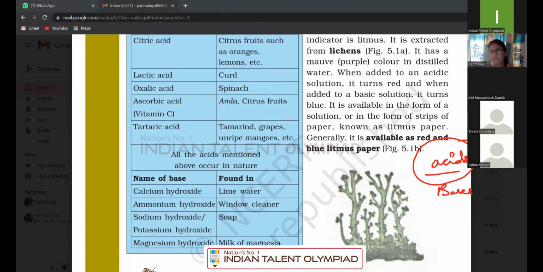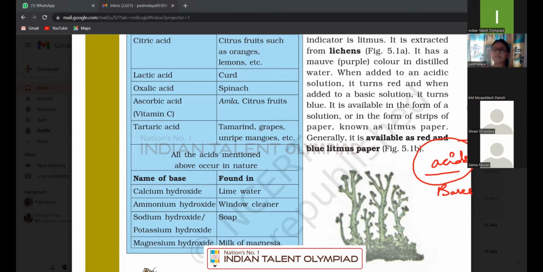Okay, in your stomach, in the gastric juice, you'll have hydrochloric acid. This hydrochloric acid produced by the stomach helps in the digestion of your food. Whatever food you eat will get digested by the acid only. Acid will dissolve the food we eat.